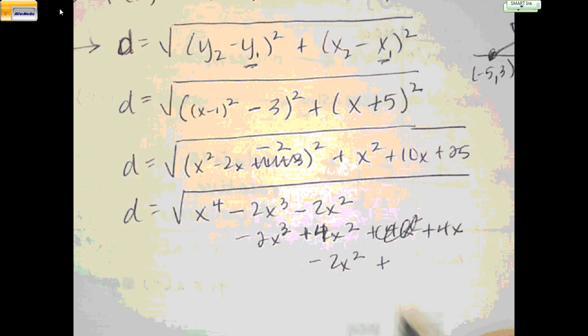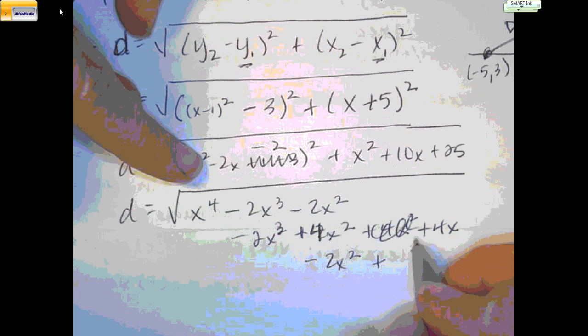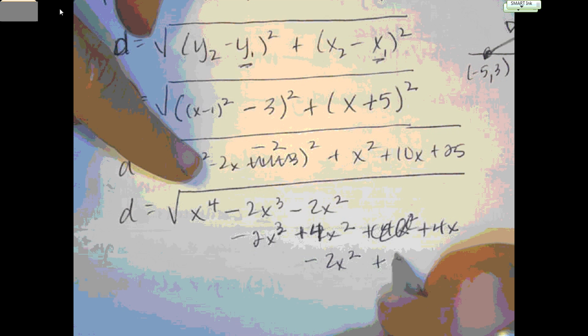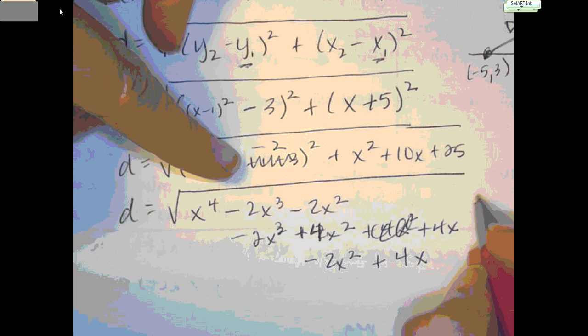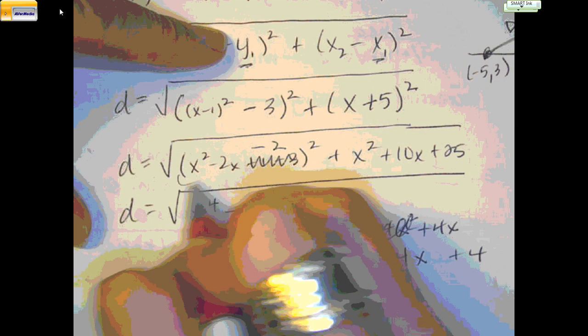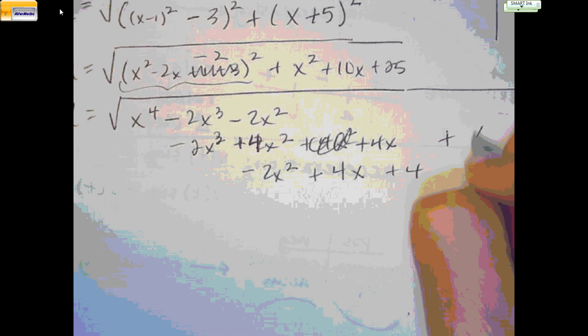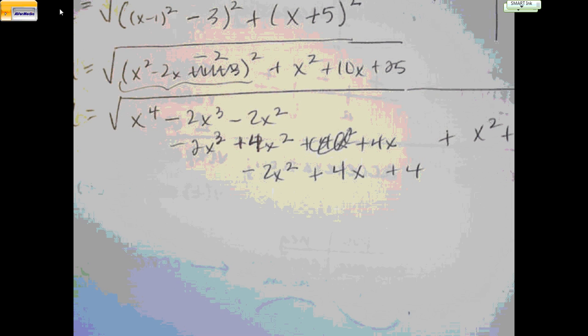So then negative 2 times everybody is negative 2x squared, positive 4x. Negative 2 times negative 2 is positive 4. So that's just squaring this little piece here. Plus, we've got x squared plus 10x plus 25.